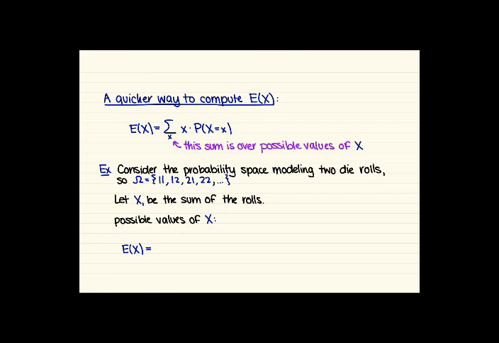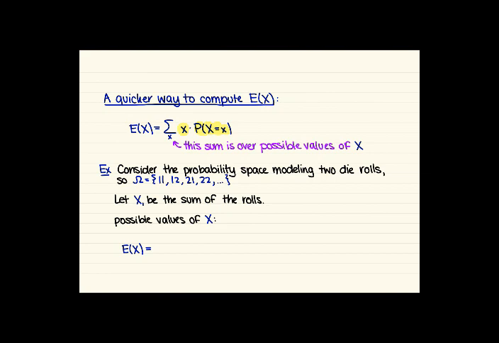So instead of going by outcome, you can sort this by the possible values of X. So for each possible value for X, you add up x times the probability that X, the random variable, equals little x, that value. So the value times the probability that that value happens.